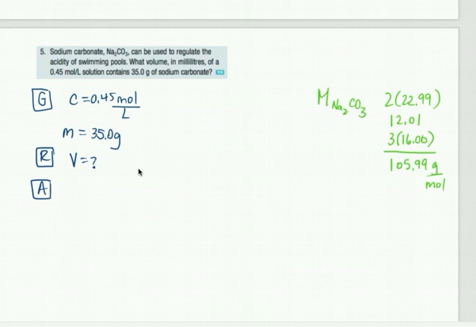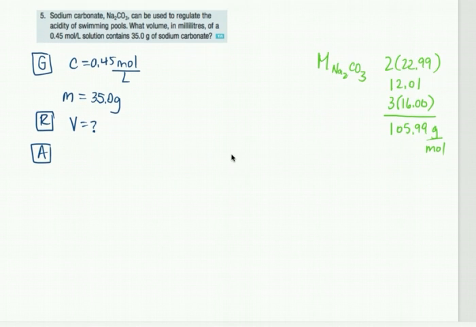All right, I have the molar mass already going for sodium carbonate. So here's our plan. When in doubt, if you don't know what to do, you just write down the 2 formulas that we have been using so far.